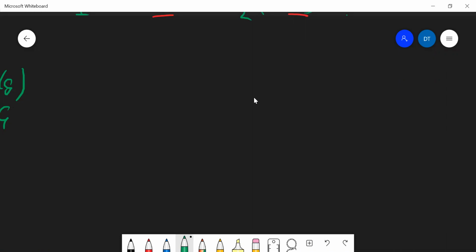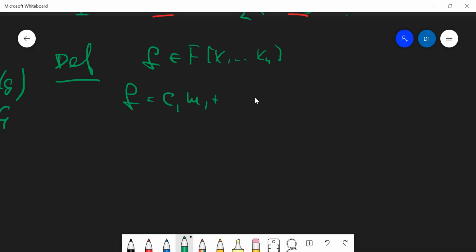So now the definition. If you have a polynomial, again, you can represent it in this form, where Ci are coefficients and Mi are monomials.